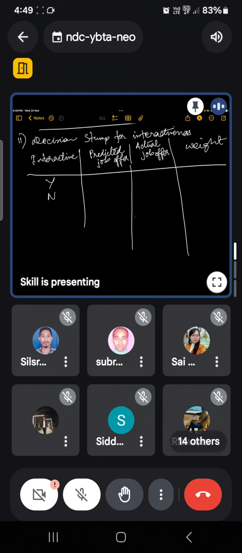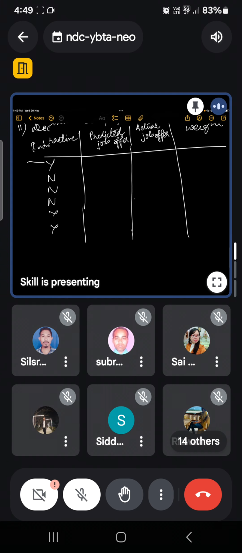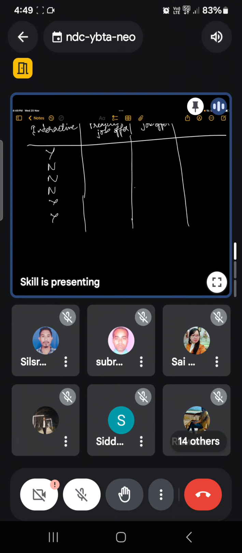As I have shown you in the first decision stump, we have to train the decision stump.